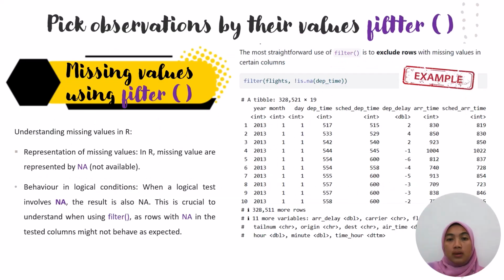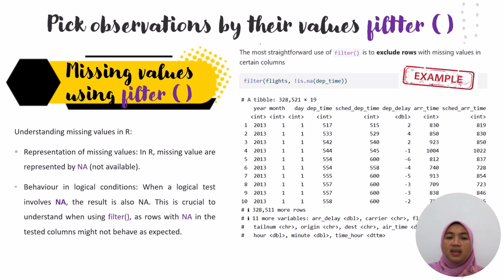Another use of filter is finding missing values. We can find the missing values by using the filter command. So you need to understand missing values in R. What is a missing value in R?